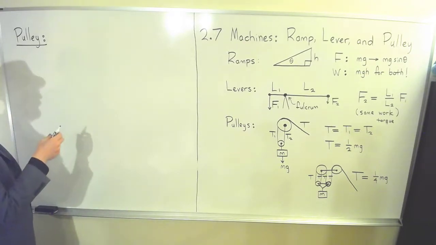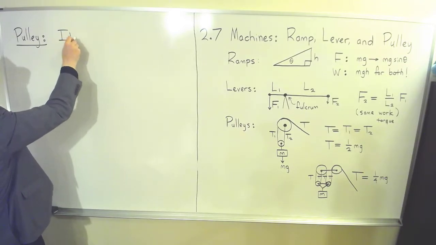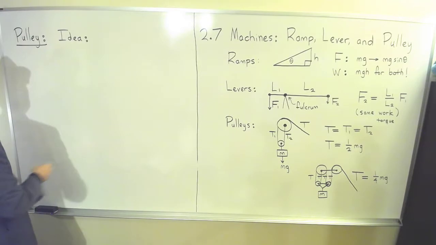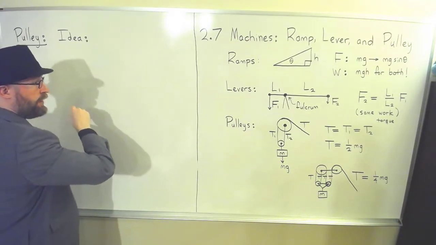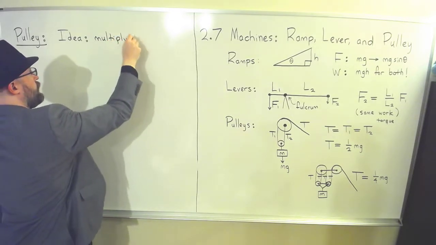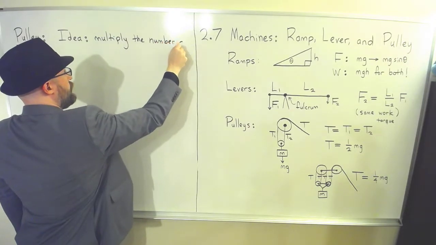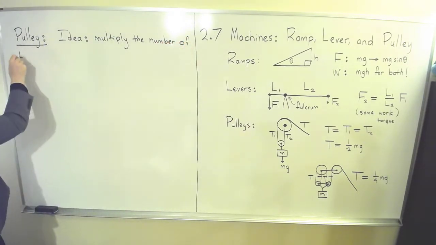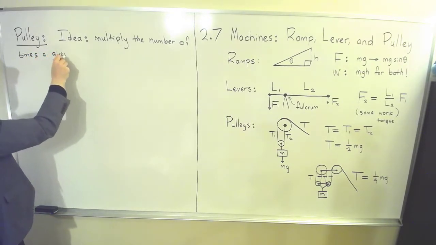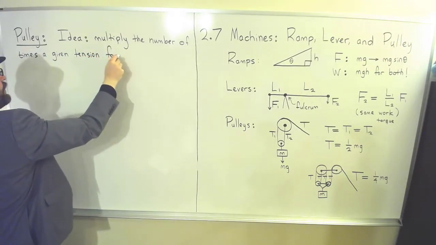So the idea is, pulley colon and then idea colon, so this is a little awkward. So multiply the number of times a given tension force, which you apply, you're the one applying this tension force.